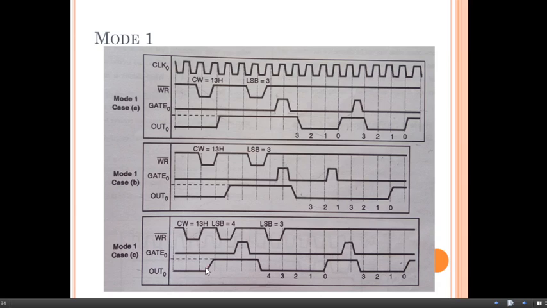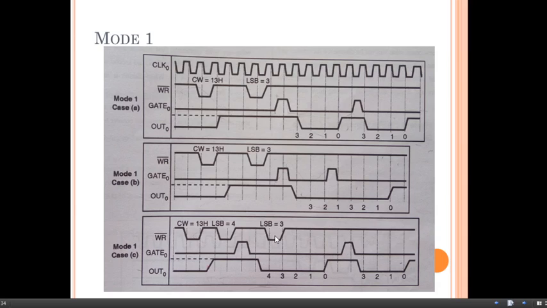In the third case, we can observe that the count value provided is 4, and before the counter counts this 4, another count value 3 is provided. So once the gate is triggered, the counter starts counting 4 3 2 1 0, and before the counter becomes 0, the next value of the counter is loaded, that is 3.